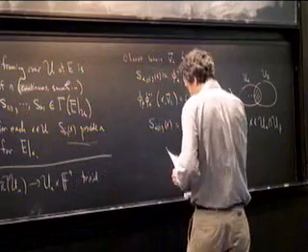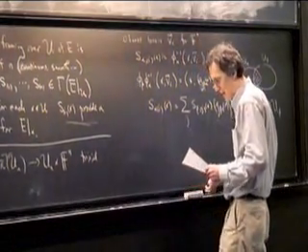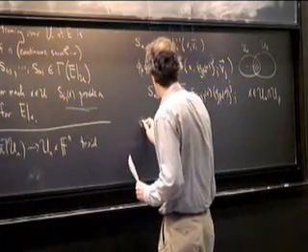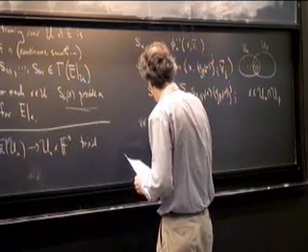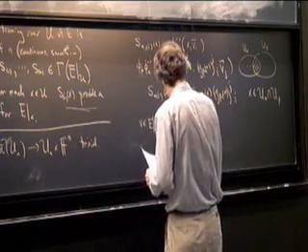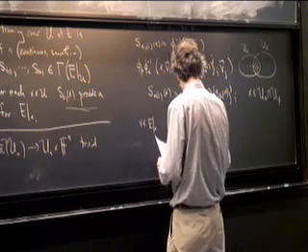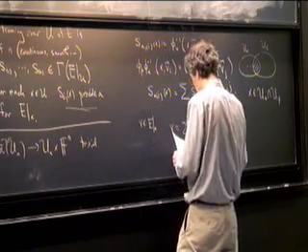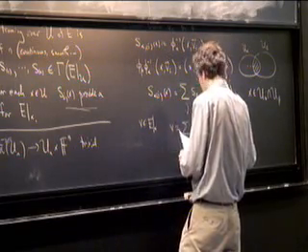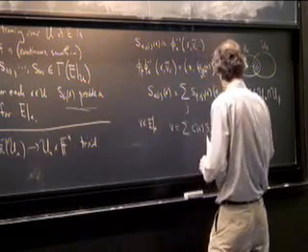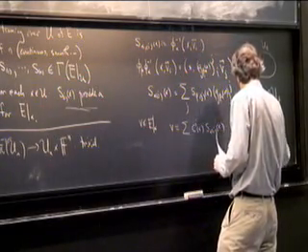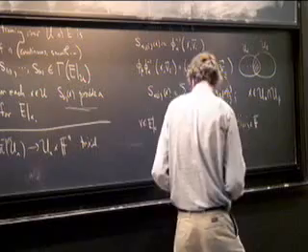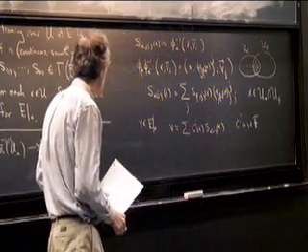Anyway, given a local framing, any v in the fiber of E above x can be written as v as the sum of c^i of x, S alpha i of x, where the c^i of x's are in F. So these are just honest functions.